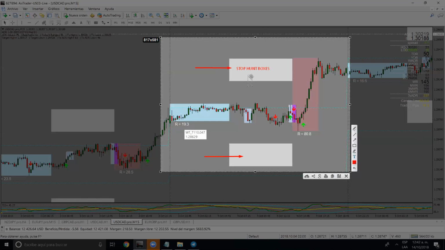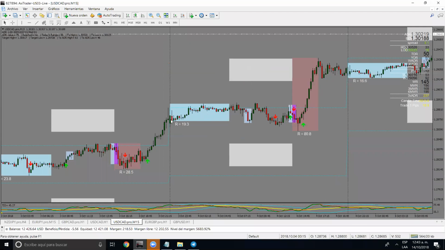We need a lot more things to trade, not just because the price touches the stop hunt boxes. No, never. It's just a kind of information, not a trade. I'm just explaining what each item is. We have Asian boxes, and we have stop hunt boxes, not to trade.